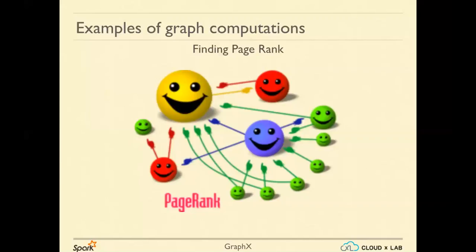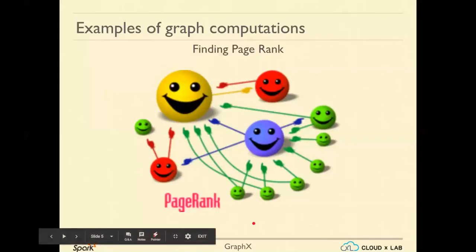And if more important people are linking to you, then that will be even far more important. So your rank depends on how many people are linking to you, as well as who are those people who are linking to you. So that's the page rank.